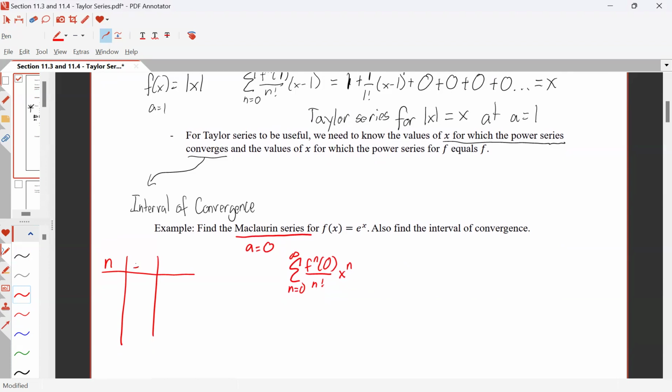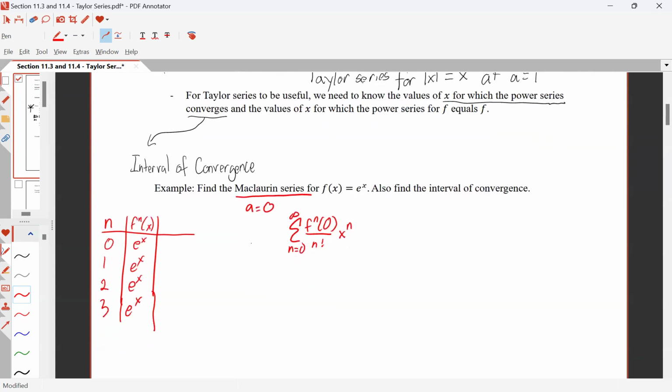The first derivative of e to the x is e to the x. The second derivative of e to the x is e to the x. And no matter which derivative I take of e to the x, I keep getting e to the x.